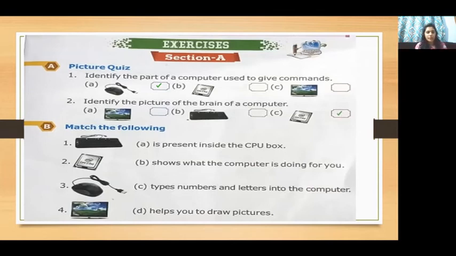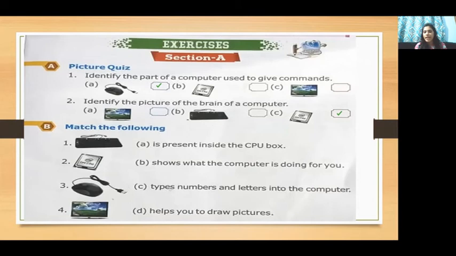The next one, match the following. What is this? First one, it is a keyboard. For what the keyboard is used, you have to tell me. Option A is present inside the CPU box. Option B shows what the computer is doing for you.